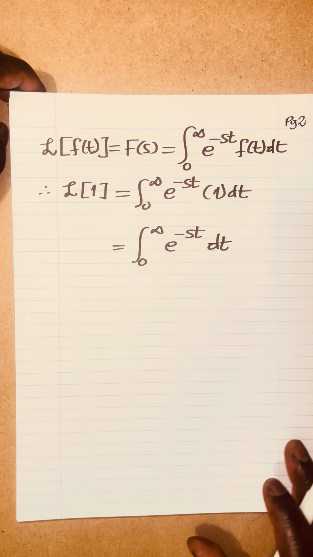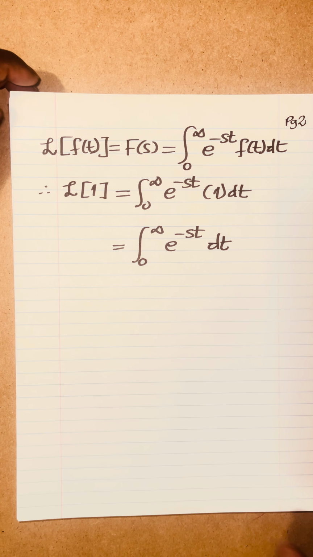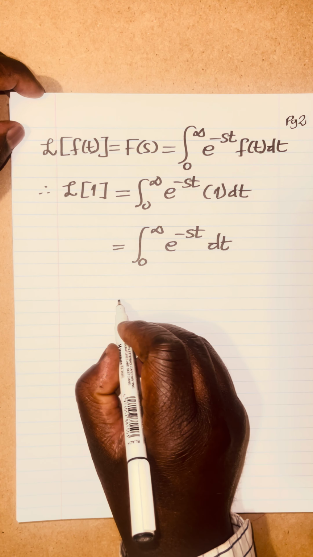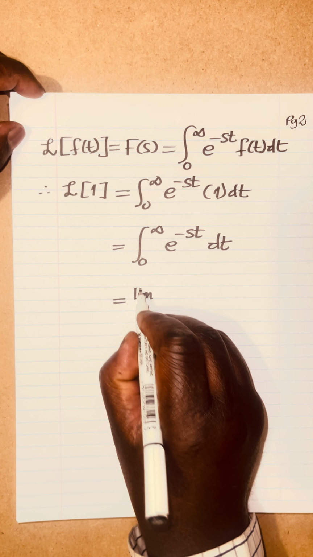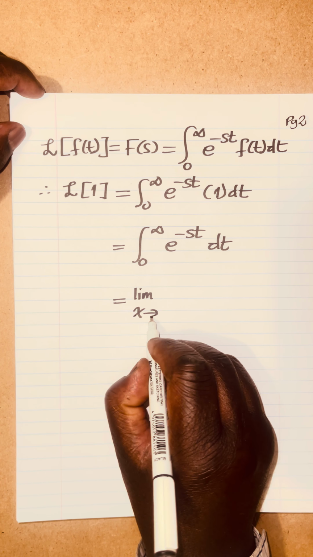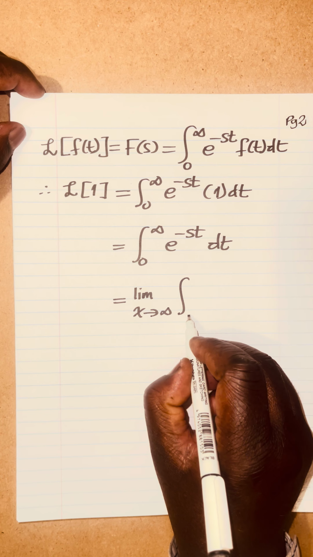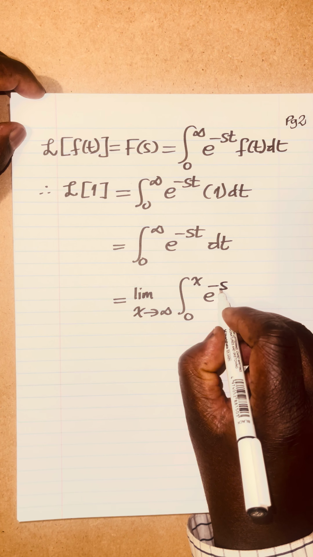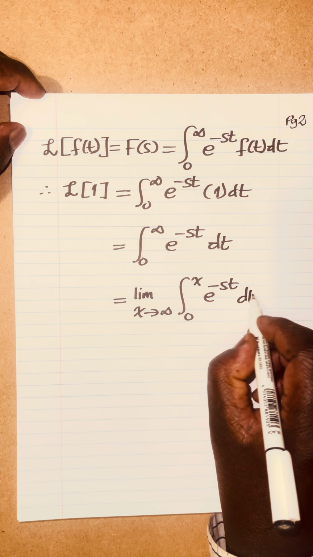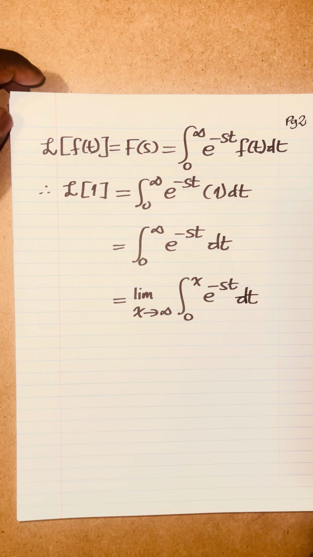Now you notice that this is an improper integral. So the correct way to write it is to say that this is equal to the limit as x approaches infinity of the integral from 0 up to x of e to the power minus st dt. This is the correct way to write improper integrals.